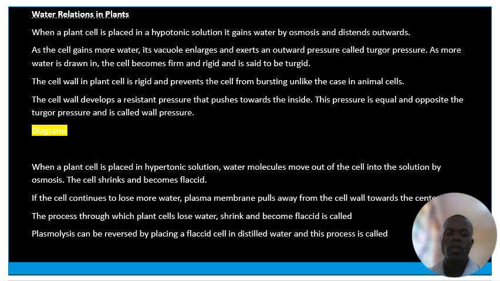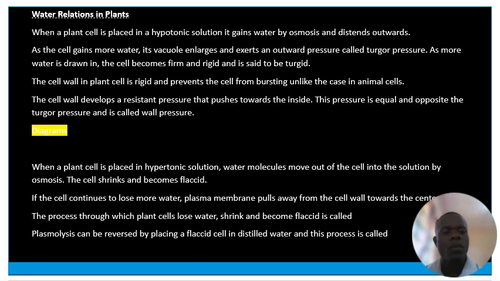As more water comes in, the cell becomes firm and rigid and is said to be turgid. The cell wall in a plant cell is rigid and prevents the cell from bursting, unlike in animal cells. So the cell wall develops a resistant pressure that pushes towards the inside. This pressure is equal and opposite to the turgor pressure and is called the wall pressure.